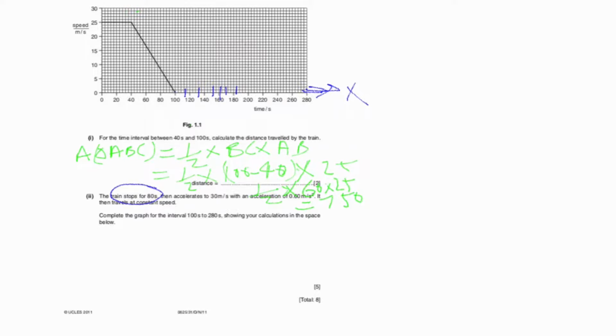So it will be like this till 180, coinciding with the x-axis.